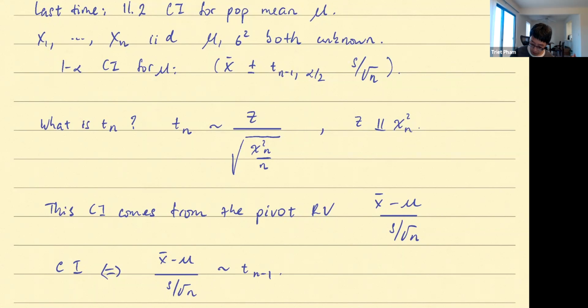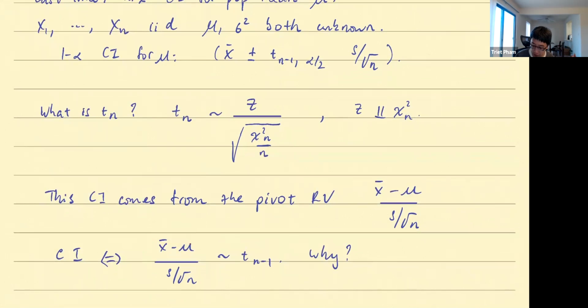And that's where we want to say why. Here's the working definition of the T distribution with n degrees of freedom. Here's our pivot random variable. Why, according to this definition, should this have a T distribution with n degrees of freedom?